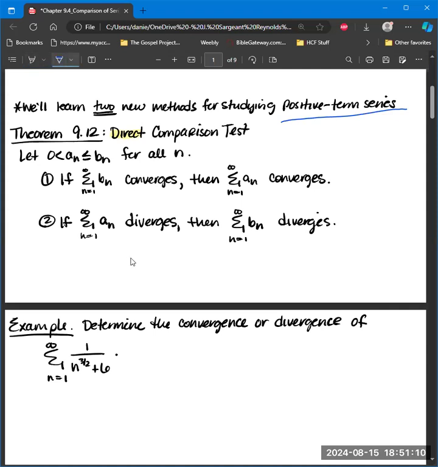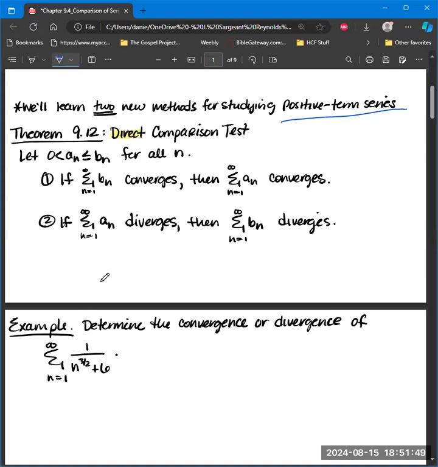So the direct comparison test for positive term series tells us that if an, which is greater than 0 because it's positive, is always less than or equal to bn for all n that are elements of the natural numbers, or that at least are elements in the series that we're discussing, then if the series of bn from n equals 1 to infinity converges, then the series for an from n equals 1 to infinity also converges.